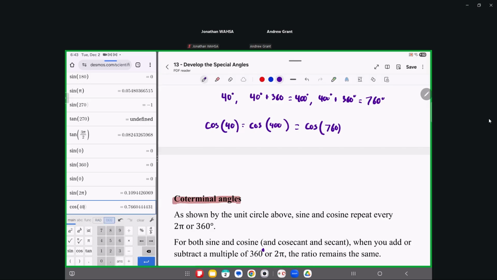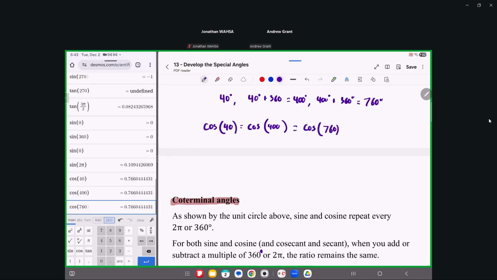So cos of 40 is about 0.766. Cos of 400, 0.766. Cos of 760, also 0.766.